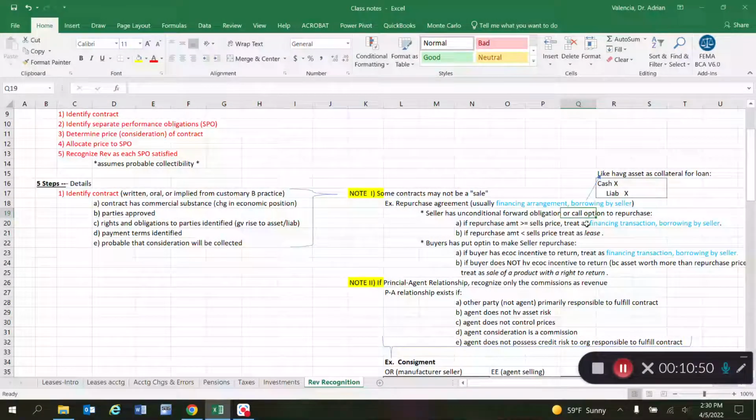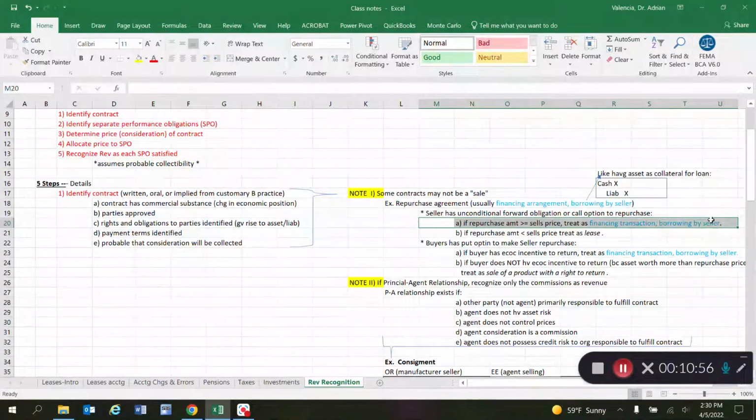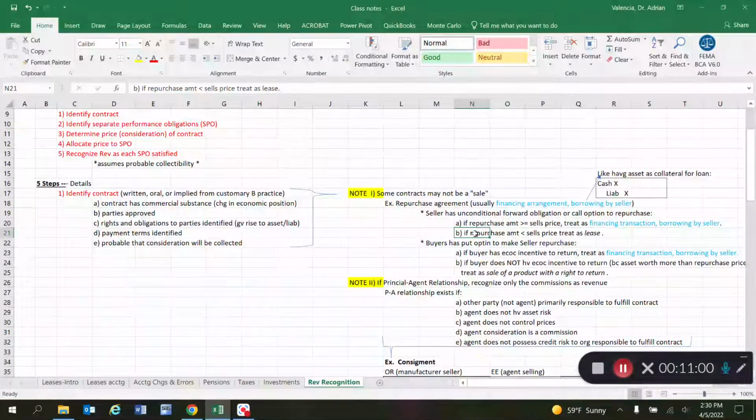In those scenarios, you are treating this as a financing transaction and not a sale. On the other hand, if the repurchase amount, what I pay, is less than the sales price, then most likely this is going to be a lease and will follow the lease accounting rules. So again, neither one of these is an actual sale.